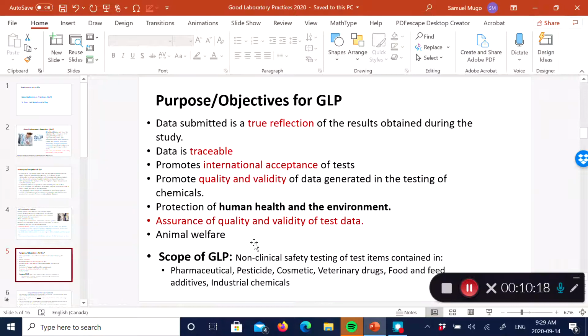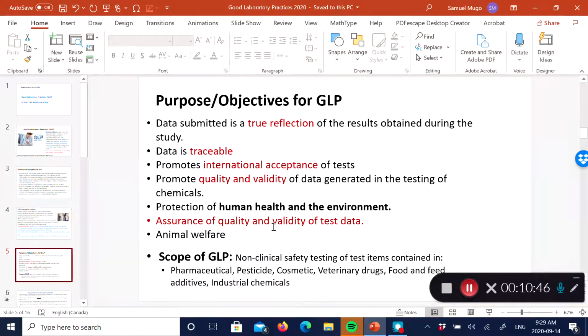And so the critical thing that you're going to find is that for the GLP, maybe the major critical part is documentation. The data must be a true reflection, it must be documented very, very accurately in the lab notebook. And that's my emphasis, the importance of the lab notebook as a core part of the GLP.